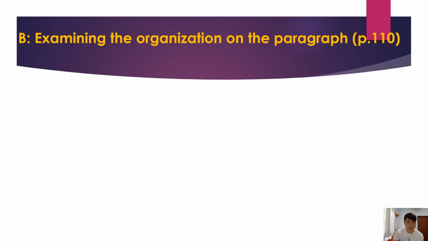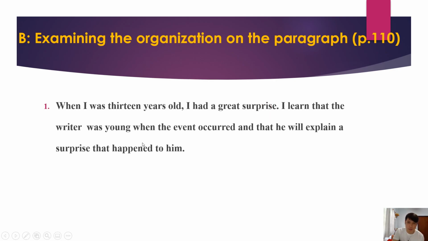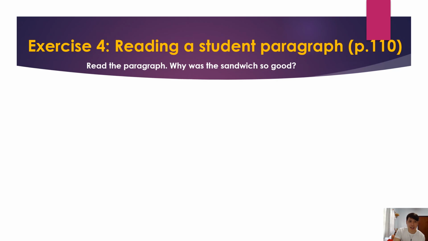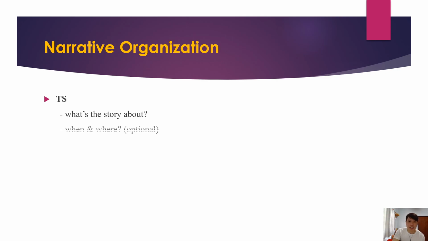For this one, part B on page 111. The page number in the book is wrong, it should be page 111. Underline the topic sentence. What do you learn from it? In this topic sentence you can see he added detail: "When I was 13 years old". Remember I said you can add the information of when and where and make it interesting.